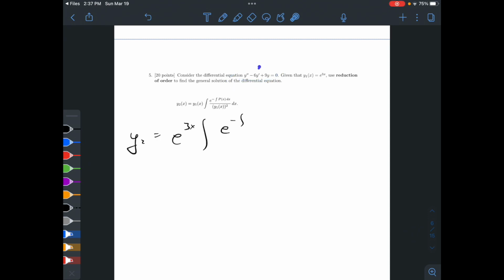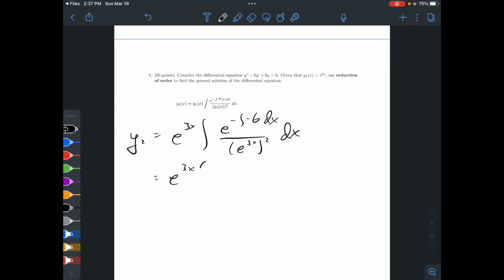This has to be normalized, so if this wasn't normalized, you would have to normalize that first. So our p of x is negative 6. Note that it has to be negative 6 because it's just whatever is attached to that y prime. And then over y1 squared, which is e to the 3x.